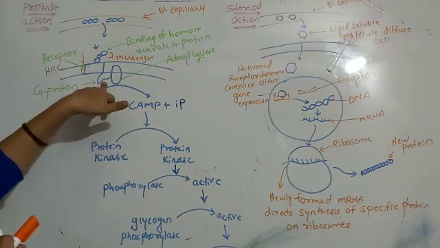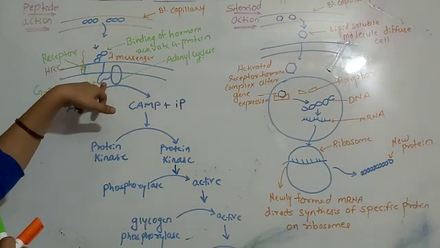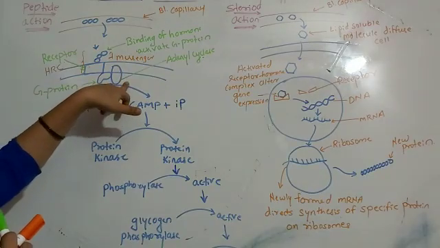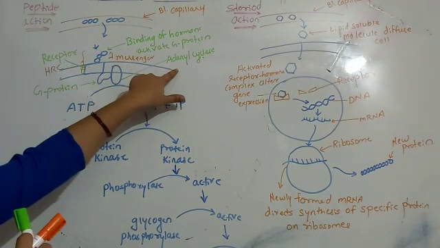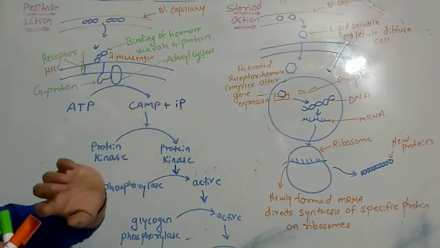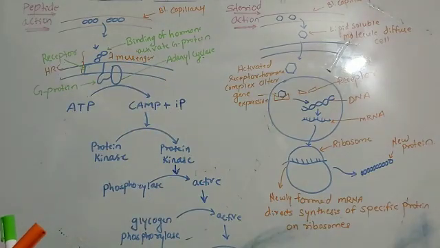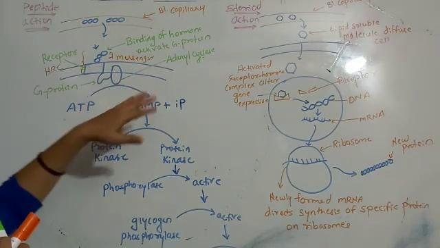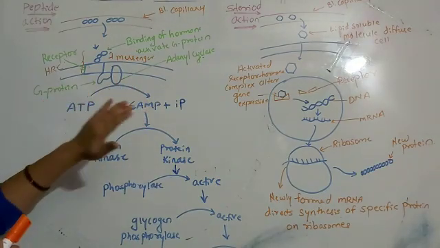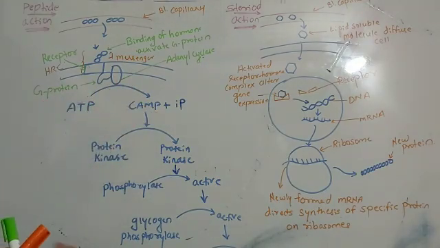Let us call it the G protein, which activates another compound present in the cytosol called adenyl cyclase, an enzyme which brings about the enzymatic actions. This enzyme converts ATP into cyclic AMP plus inorganic phosphate.